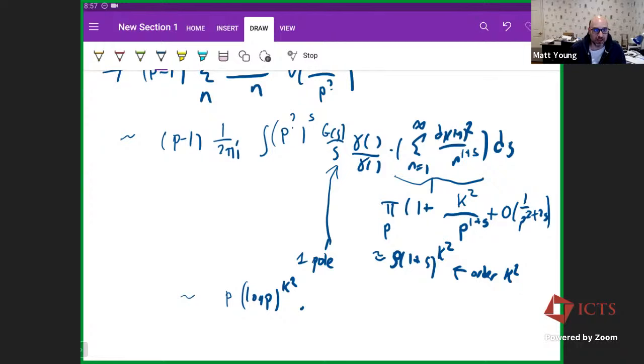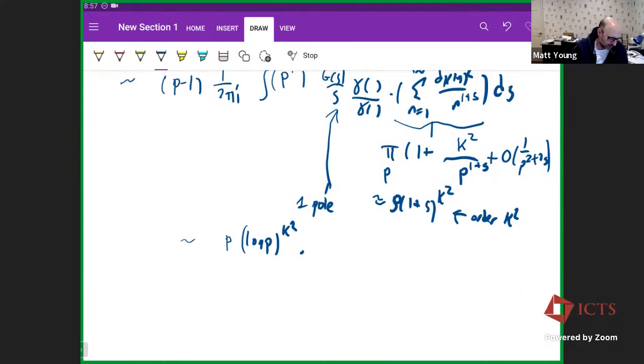And Rudnick and Sundararajan proved unconditionally in many, many situations that you can get a lower bound of this order of magnitude. So this is a theorem of Rudnick and Sundararajan. It's a very flexible method.